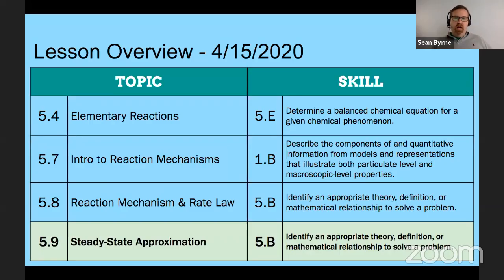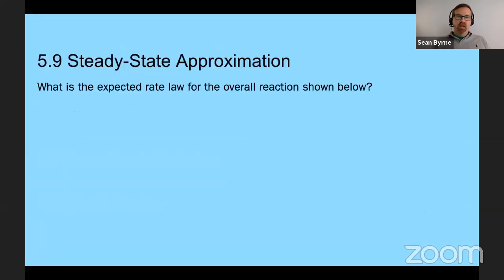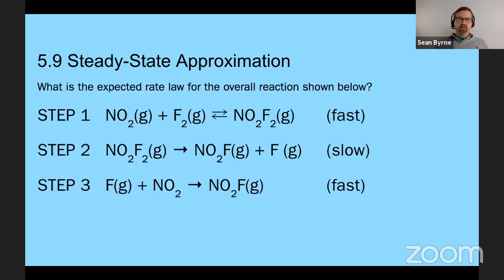Now, I do want to take a brief minute to look at what we call the steady state approximation. What we're looking at here is a mechanism that looks a little bit different from our other reactants. So I want you to just take a minute to look at this mechanism. We've got 3 steps, and consider, based on what we've done so far, what would you expect the rate law for this reaction to be?